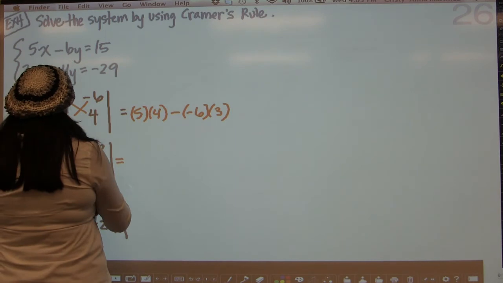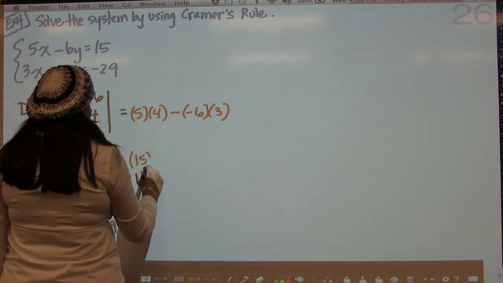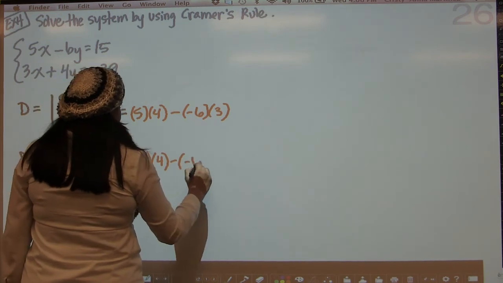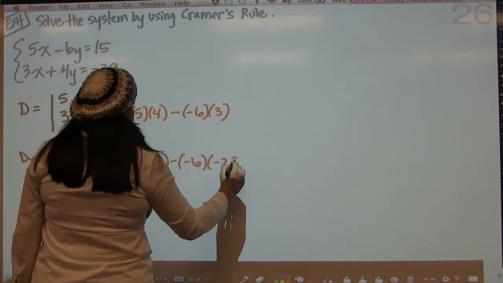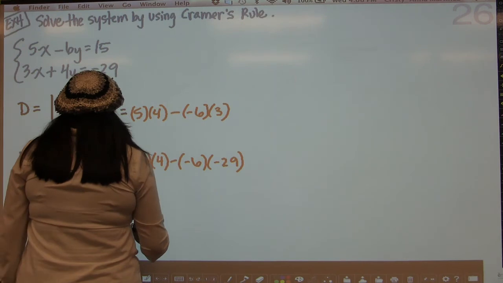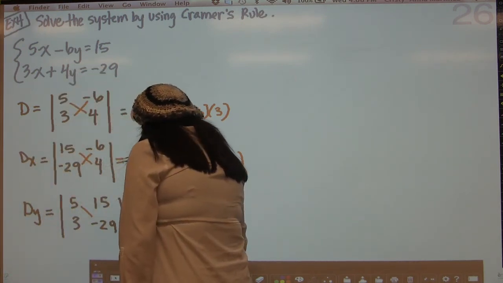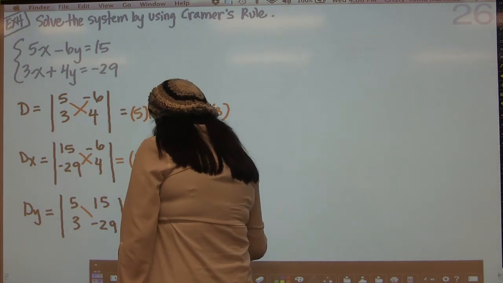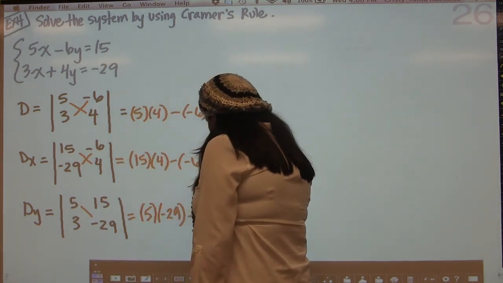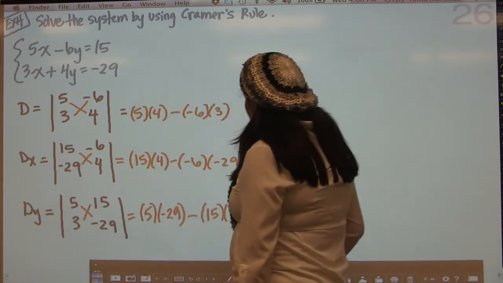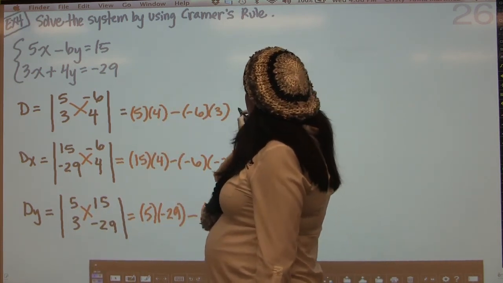Over here I'm going to go 15 times 4 minus -6 times -29. And over here I'm going to go 5 times -29 minus 15 times 3. Okay, and then we have to simplify all that.